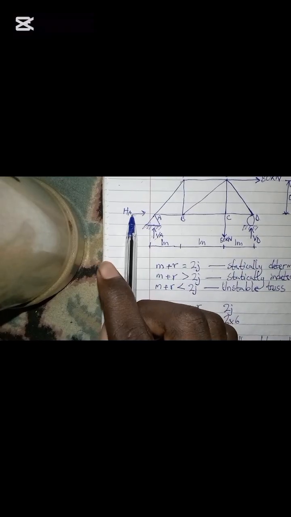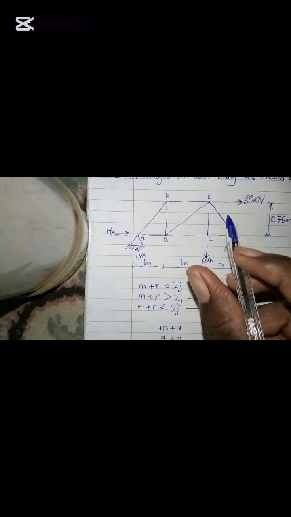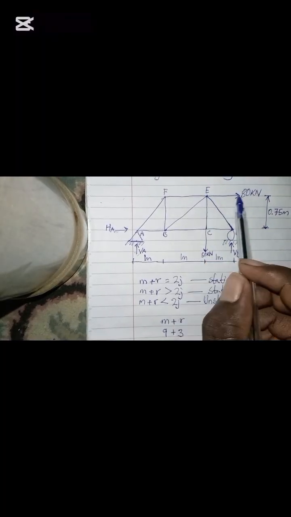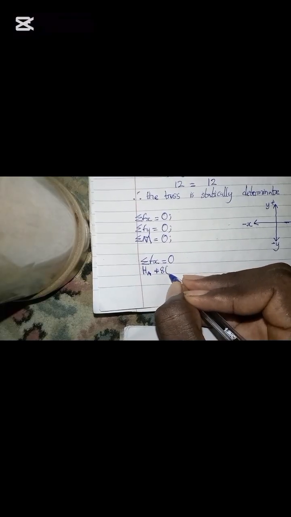So we have this force HA on the horizontal axis, pointing to the right. To the right is positive, so we get positive HA, plus this force too on the horizontal axis, so plus 80 is equal to 0.